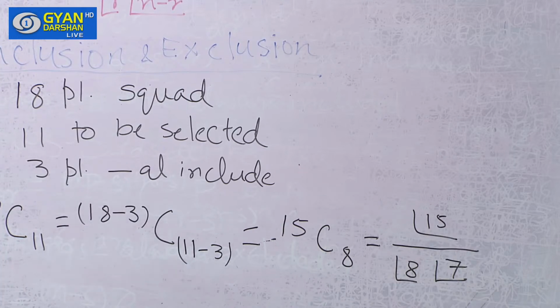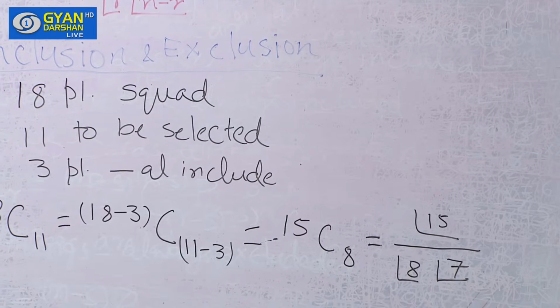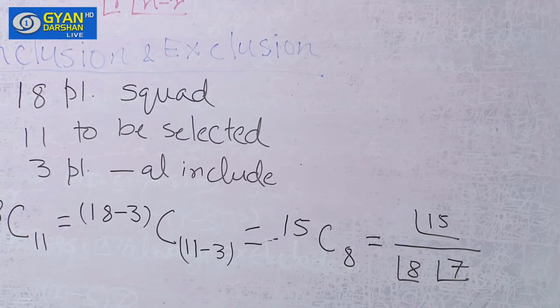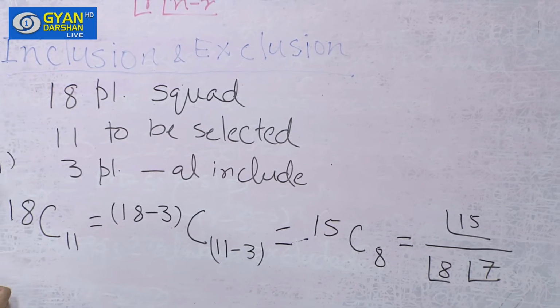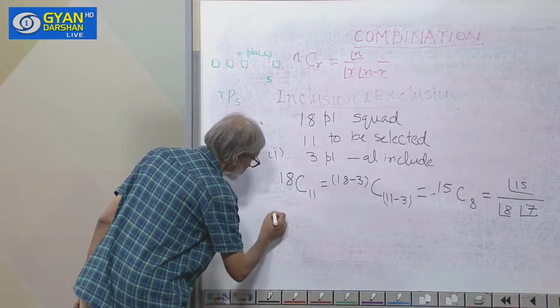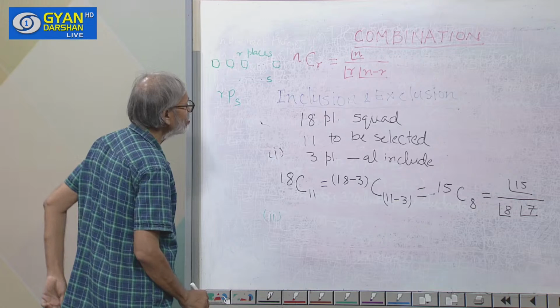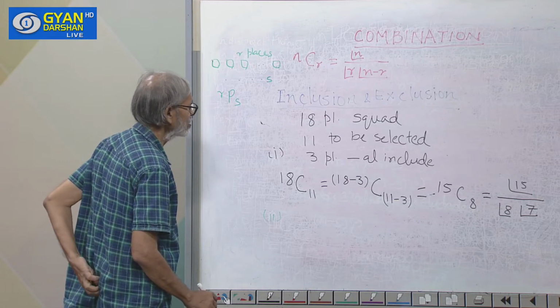Now the second question: out of this squad, 2 players are injured. So we have to exclude these 2 players.